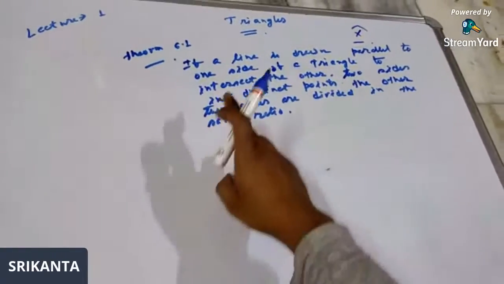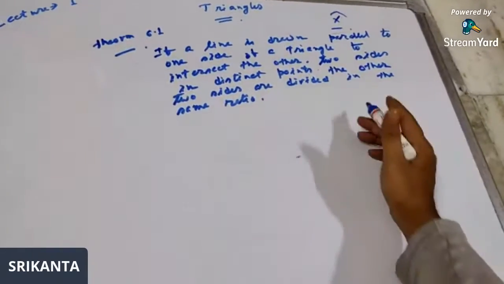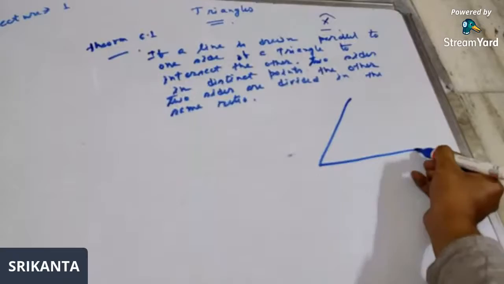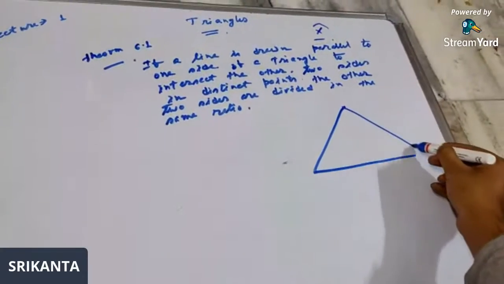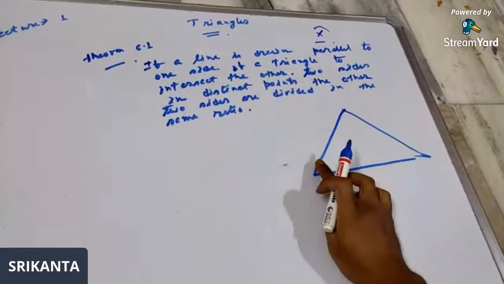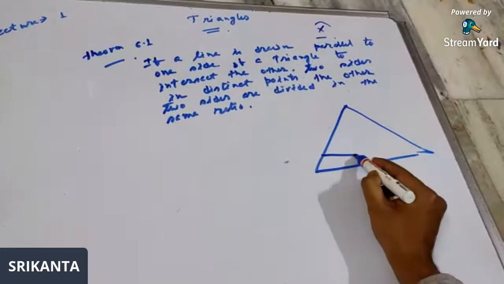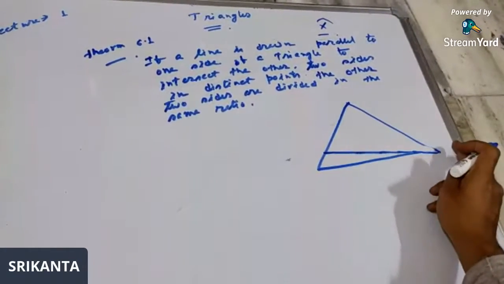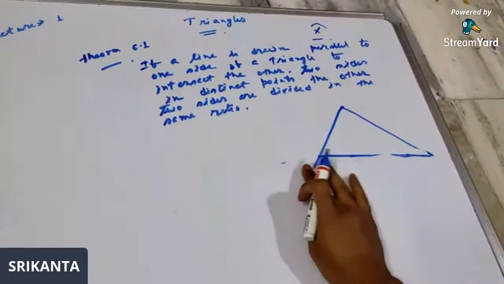Here it says if a line is drawn parallel to one side, so let us draw a triangle.